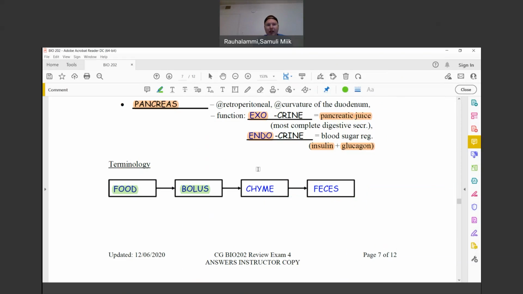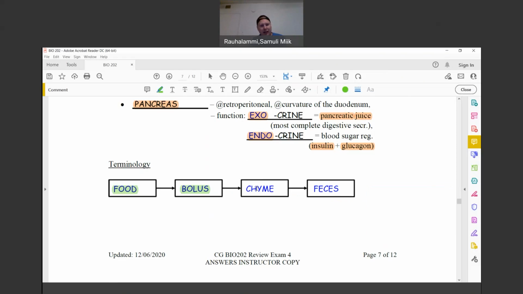So bolus is the mixture of saliva and mechanically broken down food. Bolus is this kind of more of a ball, solid-like structure that's a little wetter, easier to swallow than dry food. So this was important for the process of deglutition.